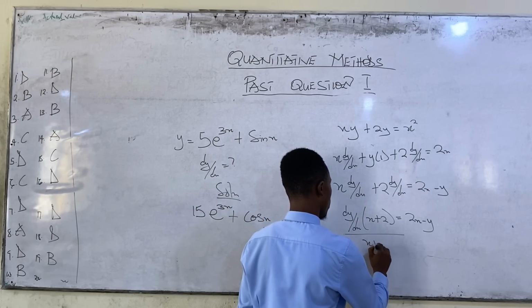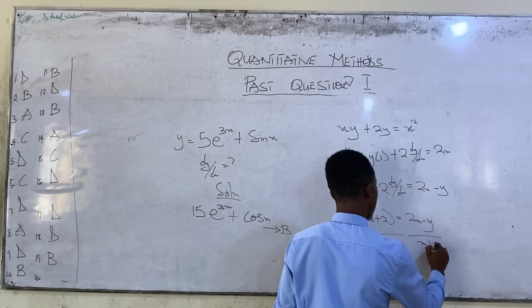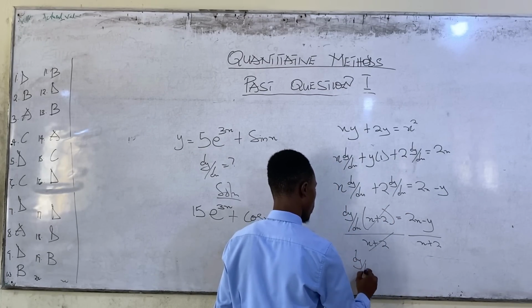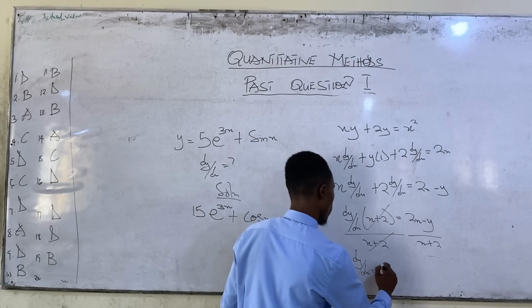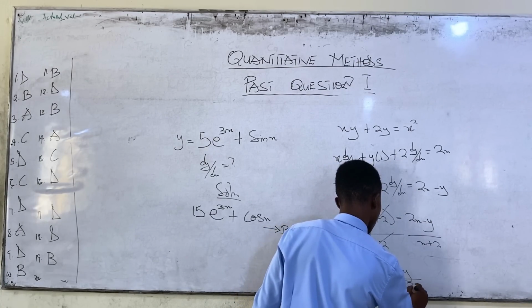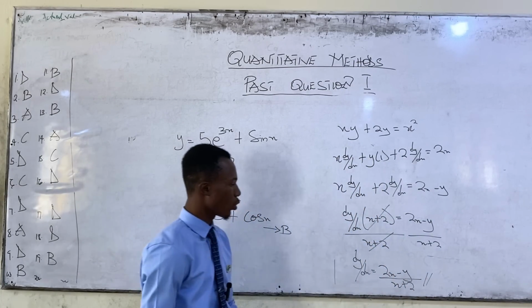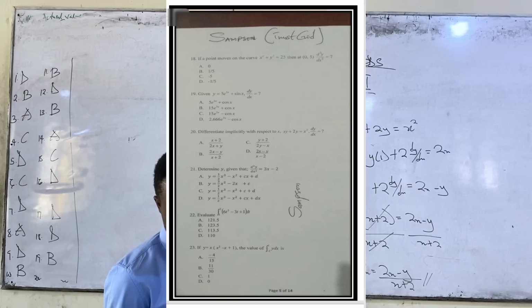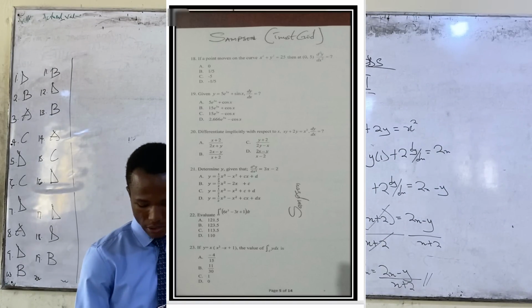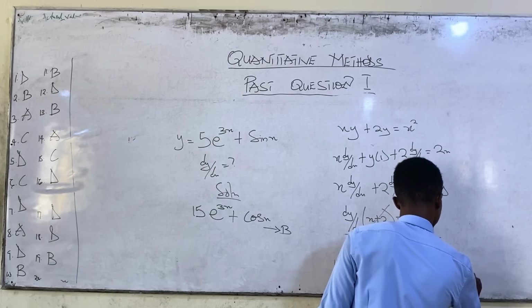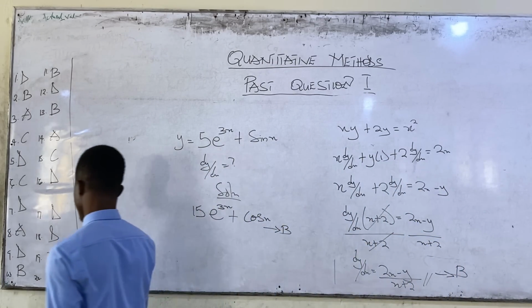You have x plus 2 here and x plus 2 here, this one cancels this. So your dy/dx in this case is equal to 2x minus y over x plus 2, and this should be your final answer. So that is option B for question number 20.